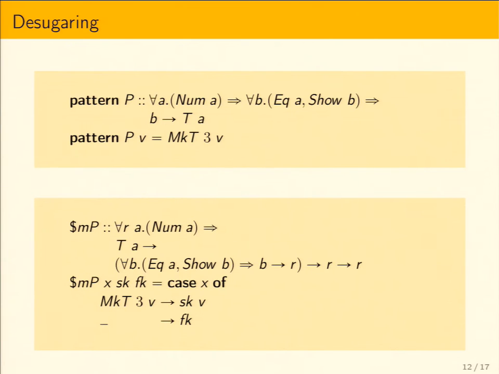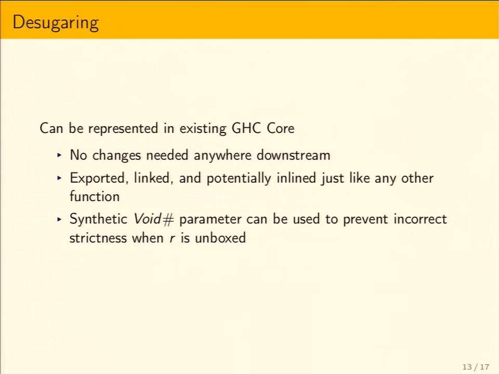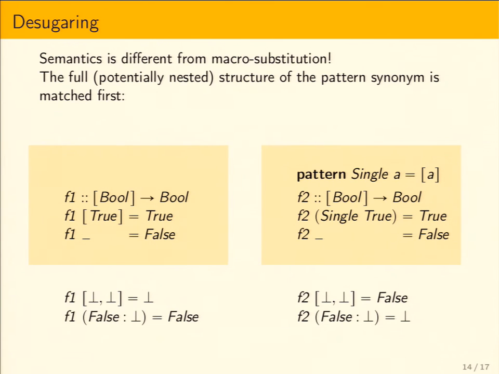I was simplifying this somewhat because if the result type is unboxed, you need to do some magic. You need to add an artificial argument just to keep laziness, but I'm not going to get into that. But one thing which is important to mention here is that pattern synonyms are proper abstraction. They are not just macro substitution, and their semantics is not just the semantics of macro substitution.